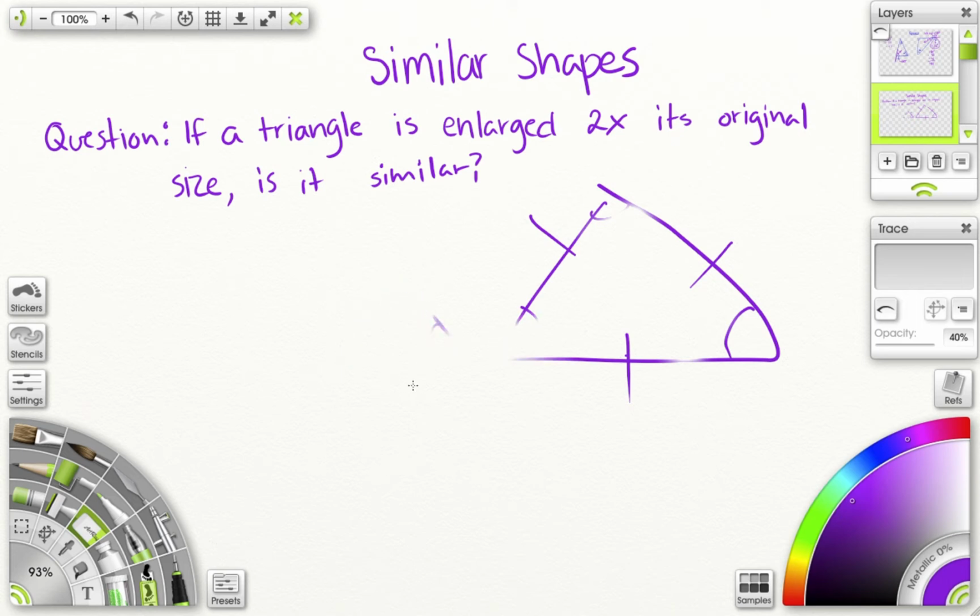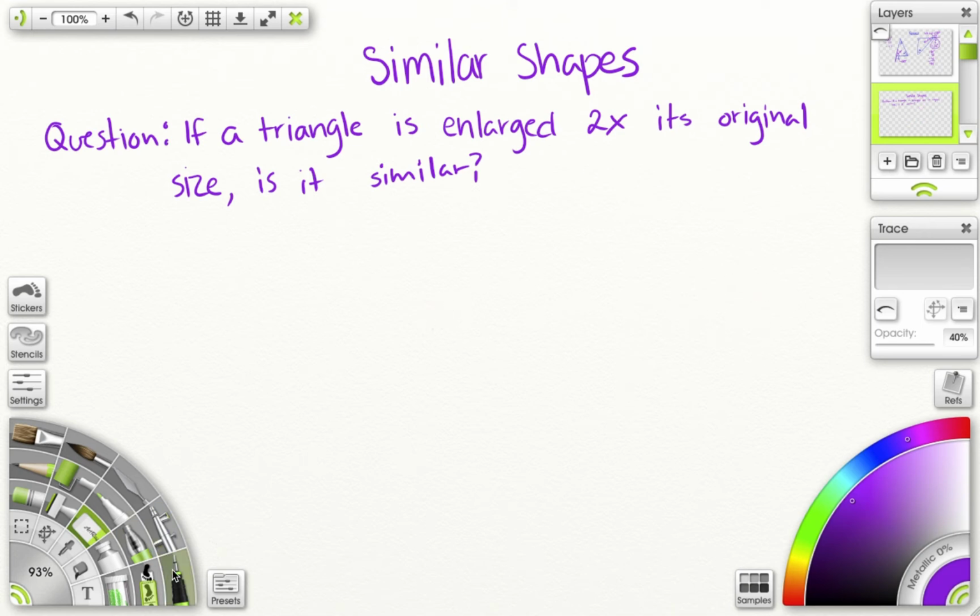So let's try this out. I'm going to draw two triangles that are only giving you the 3 side lengths. It's not going to give us any angles. We have to determine whether or not it is a similar shape. So here's one triangle. And here is another.